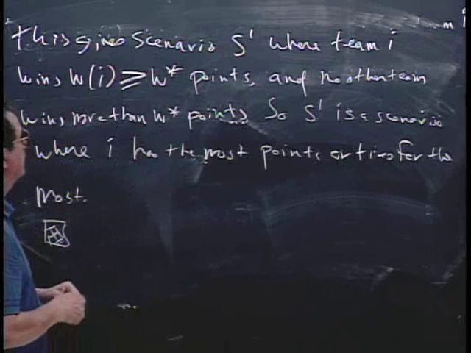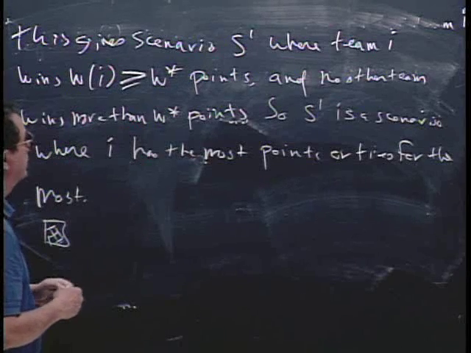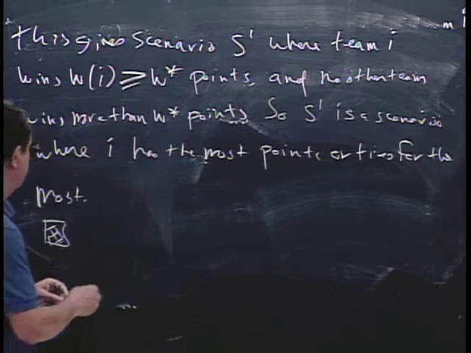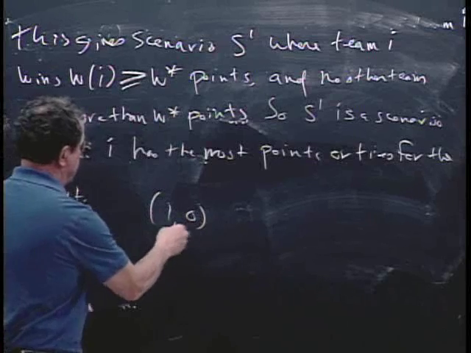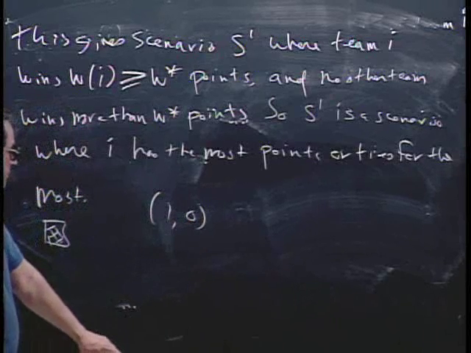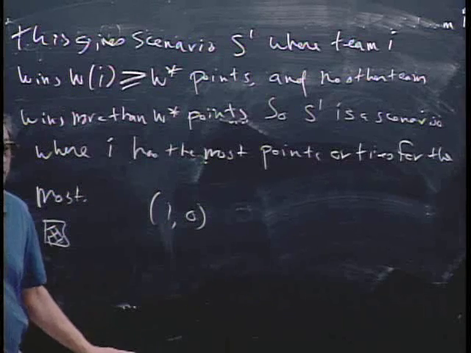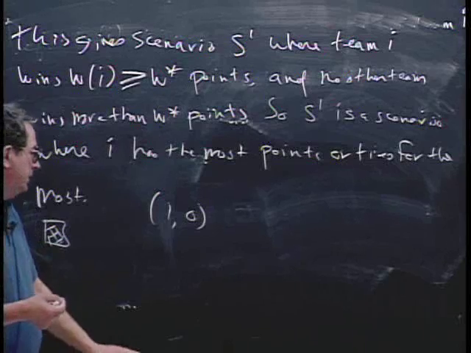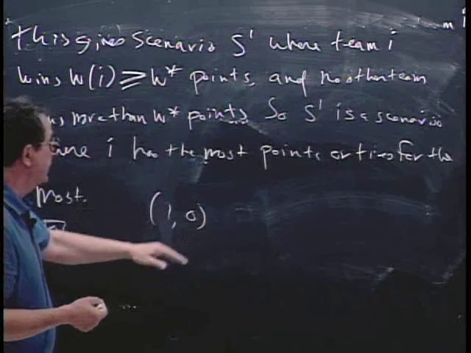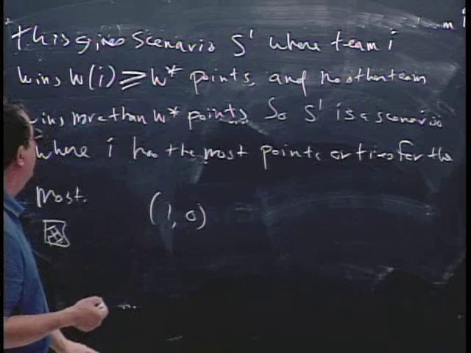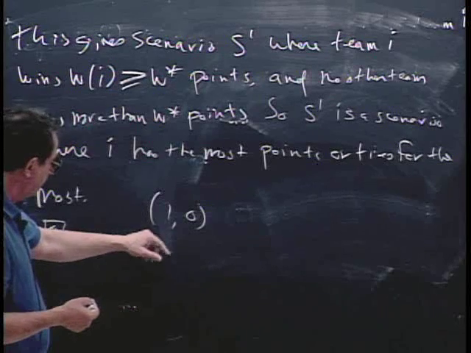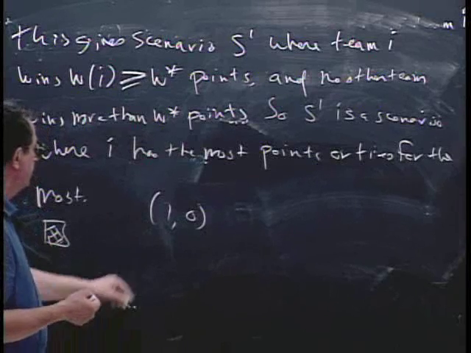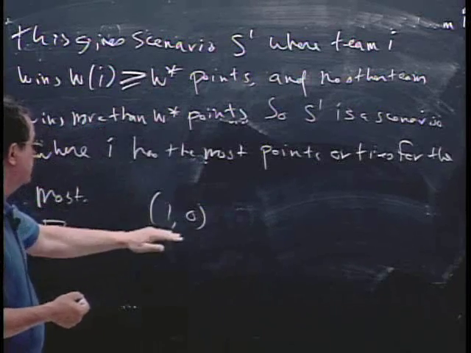Now, what I was mentioning earlier is that in a previous lecture we saw how under the baseball scheme, where 1-0 is the only payoff, we can in fact determine whether a team is eliminated or not by using network flow. And in fact, it's easy to see that a small adaptation of that approach computes W star in the case of baseball.